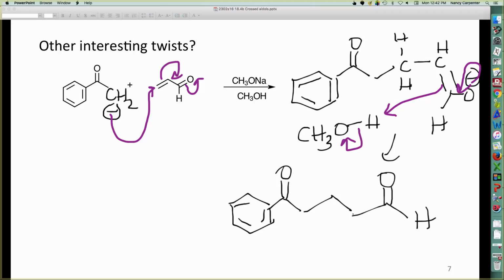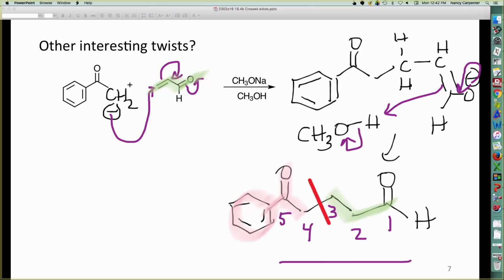Let's just color code this. The enal is this bit, and the original enolate is this bit. The new bond that was formed was right there. And here's another bell and whistle for you. 1, 2, 3, 4, 5. That's bells and whistles for a Michael reaction.